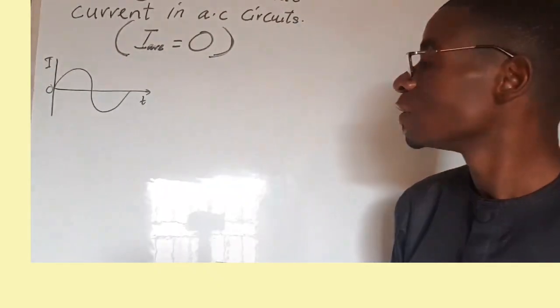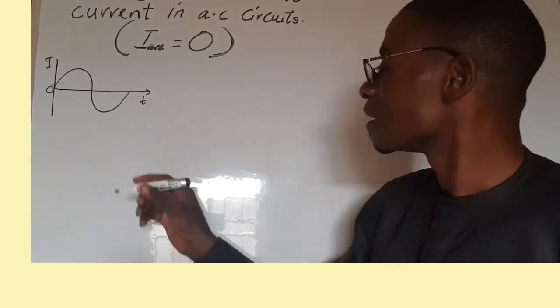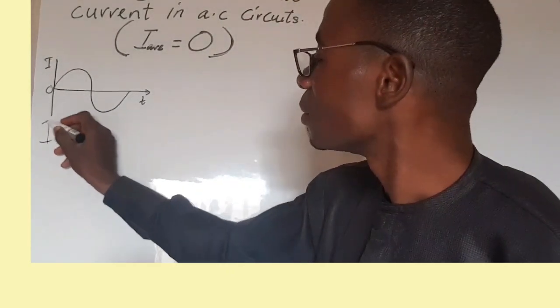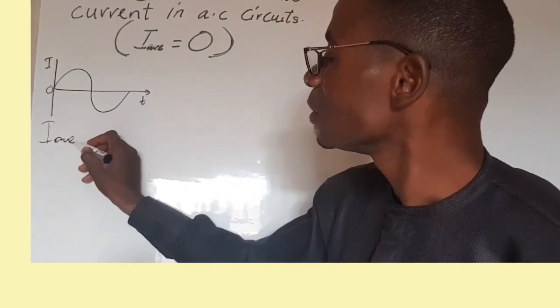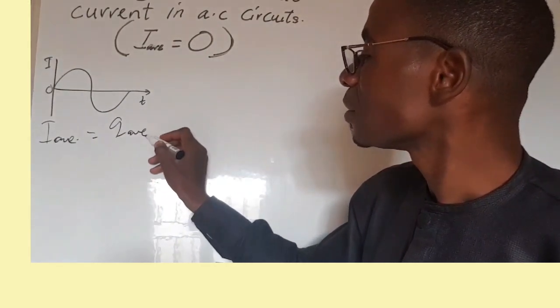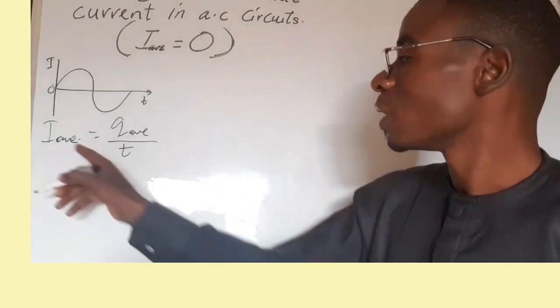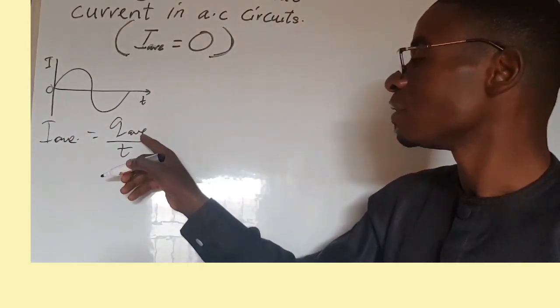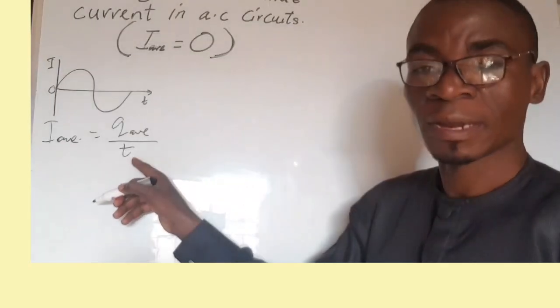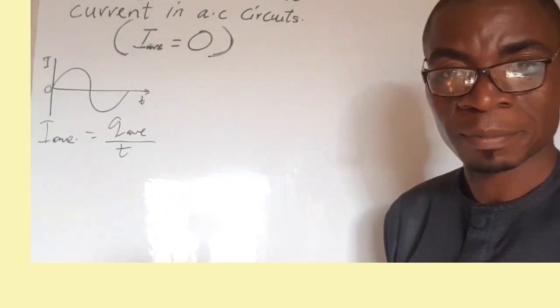So mathematically, there is a way we will write this. We can say that the average current is equal to average charge over time. Okay, so average current is equal to average charge over what? Time. That is another definition of this average current mathematically.